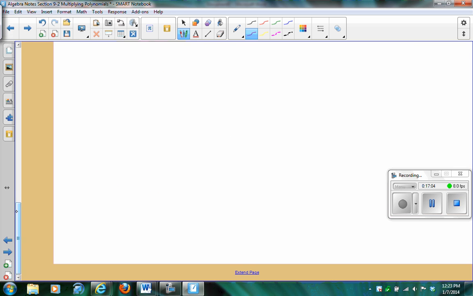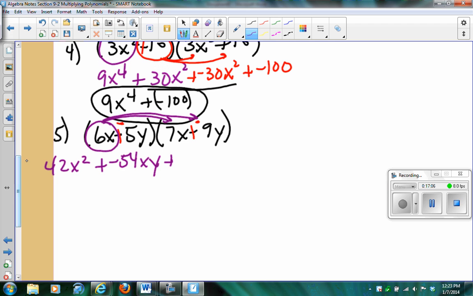Then I am going to multiply the negative 5y times each term in the second binomial. Negative 5y times 7x is negative 35xy, and negative 5y times negative 9y is 45y.